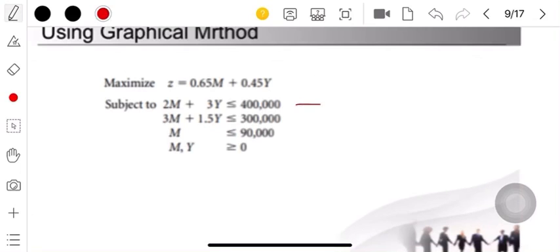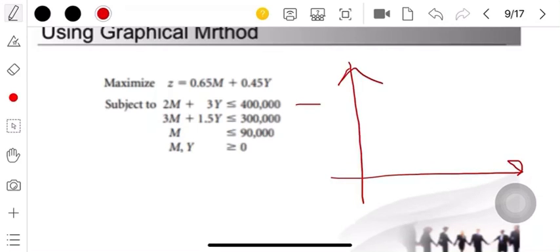First make the axes: m on one axis and y on the other axis. Take constraint number 1. How to plot it: let's say m equals 0. Then the value of y is 4 lakh by 3.